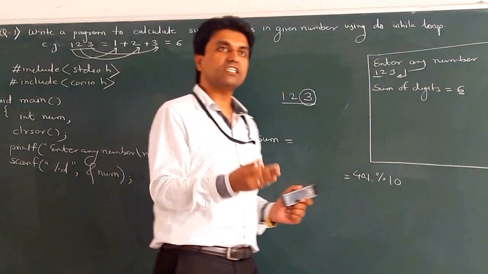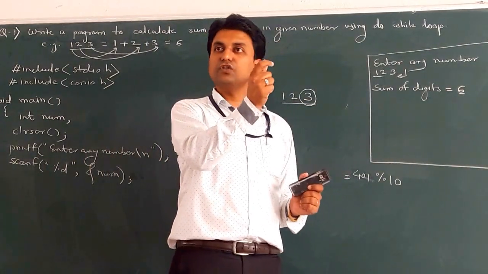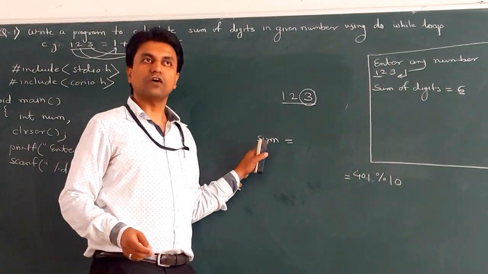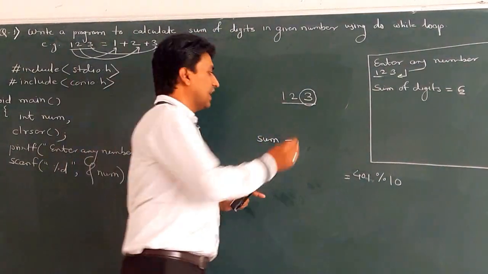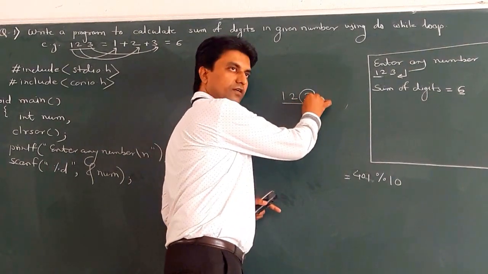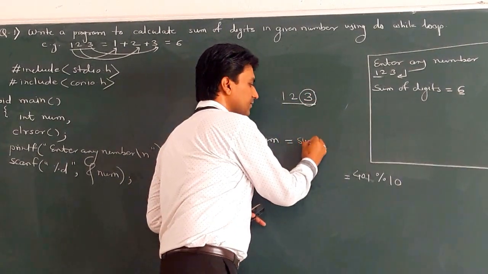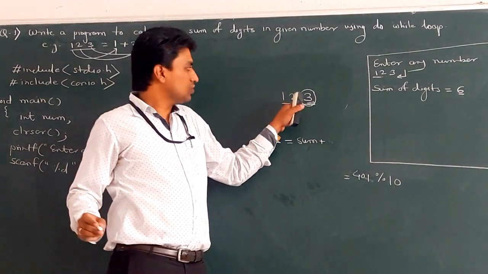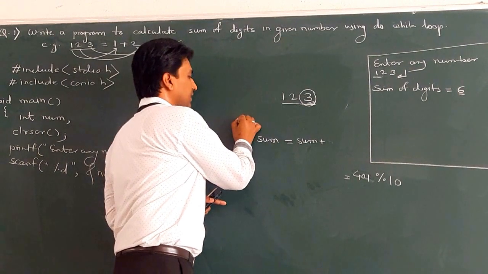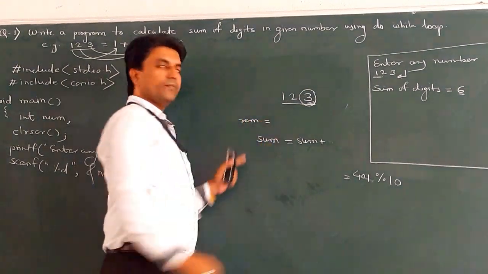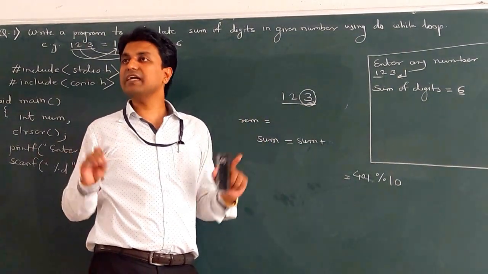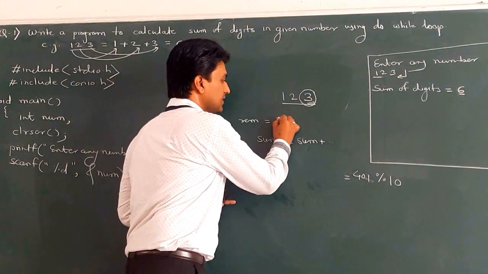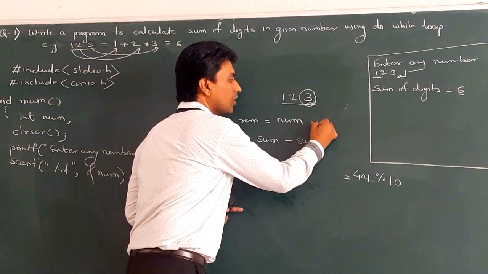Next, what is the second step? Add that digit into some intermediate variable. For storing it, we can use the sum variable. So what is the statement? sum is equal to sum plus this digit, and for storing this digit we can use, suppose, remainder. What does remainder store? The first digit of your number, from num mod of 10.